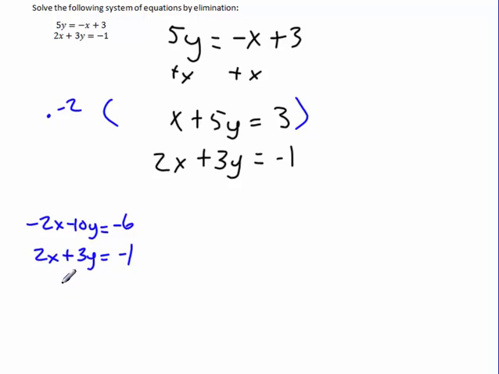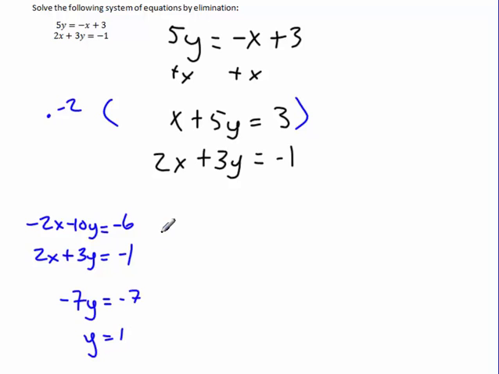Now I can add my lines together. When I add my lines together, negative 2x plus 2x goes away. Negative 10y plus 3y is negative 7y, equals negative 6 plus negative 1, which is negative 7. And dividing both sides by negative 7, again we get y equals 1.